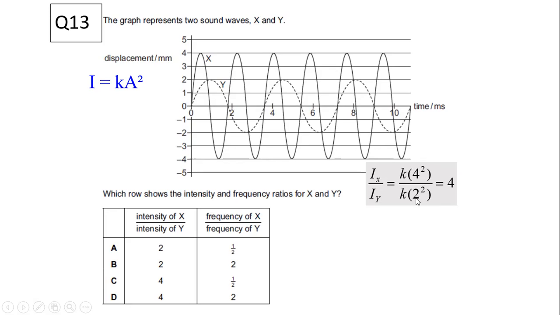So 16 divided by 4 is 4. And frequency is one over the period. So for x the period is about 1.8, estimate, and for y the period is about 3.6. Just estimate, we are not sure. It doesn't matter because you are looking for the objective one. So you get 2. The answer is D.